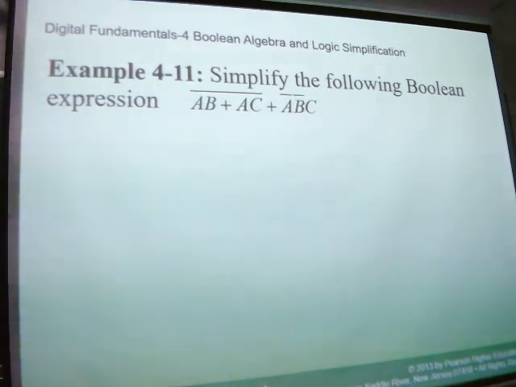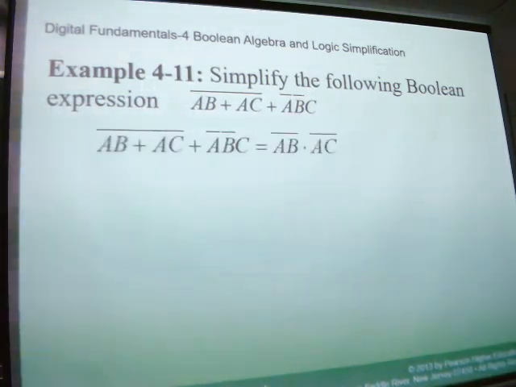Example 11. Simplify the following Boolean expression: AB plus AC bar plus A bar C bar C, A bar B bar C. Then, according to De Morgan's law, we know that it can be written as AB bar and AC bar, right?